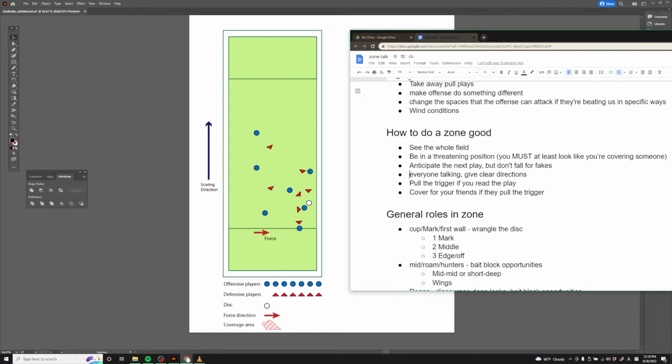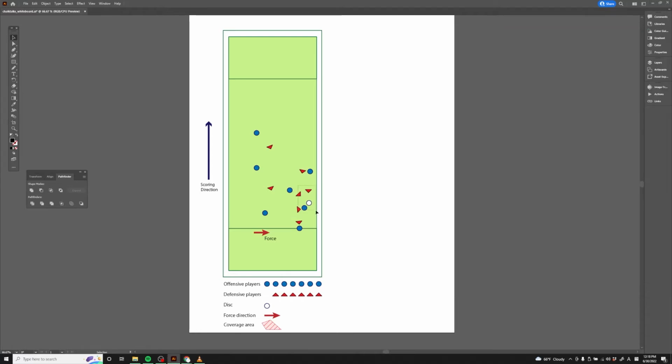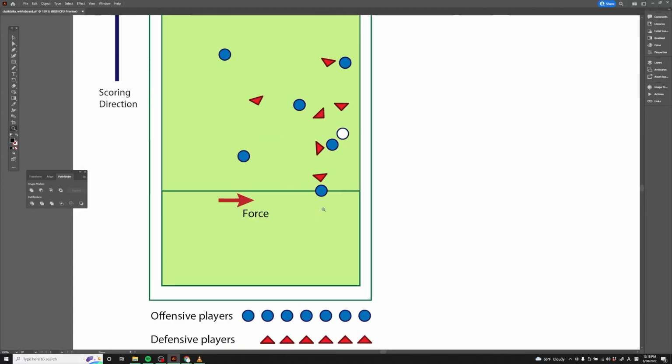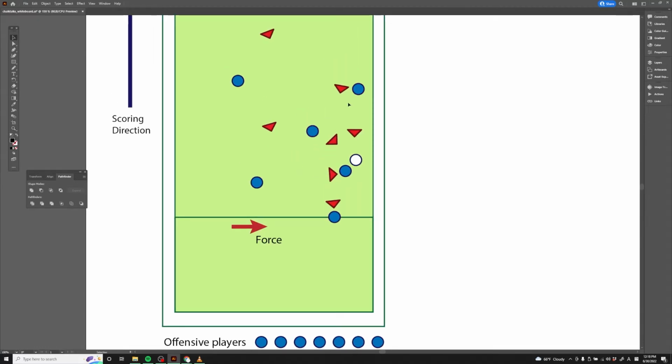So it's sort of a balance that you have to find. 4. Everybody needs to be communicating something to someone else. We don't have complete information because we can only see what's in front of us. So all of these defenders here in this example, the ones around the disc, they don't know where these cutters will be.